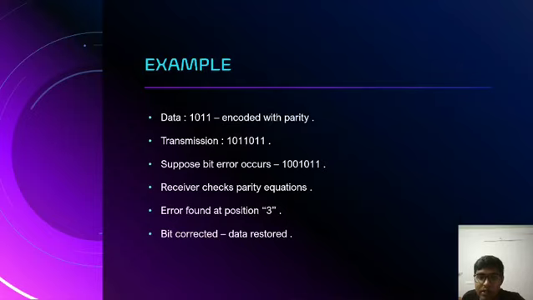The receiver then applies the parity check equations to locate the error. After calculations, the error is found at position 3. Once the error bit is flipped, the data is successfully corrected back to its original form. This simple example clearly shows how Hamming code detects and corrects errors automatically, ensuring the data remains reliable even in noisy environments.